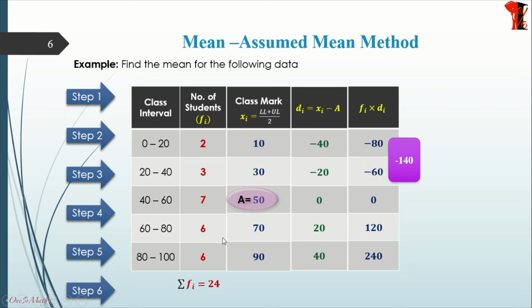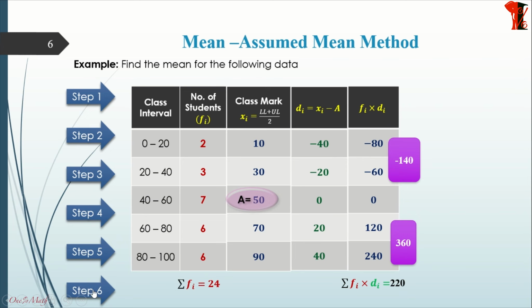Adding all the positive numbers, you get 360. Sigma fi di is the sum of all the numbers, so minus 140 plus 360 gives 220.